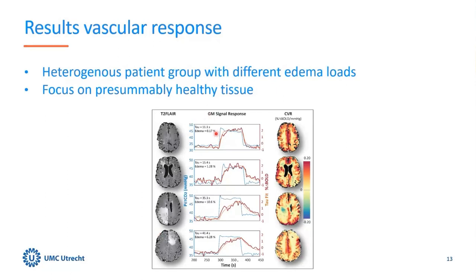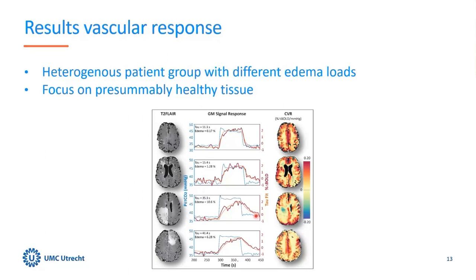You can also see that depicted in these graphs, how much edema was found in each patient. And here in the middle, again, you see in blue the hypercapnic block, in red the BOLD response, and in orange the tau fit that we did. What we noticed in these patients was that an increase in edema causes a slower BOLD response.